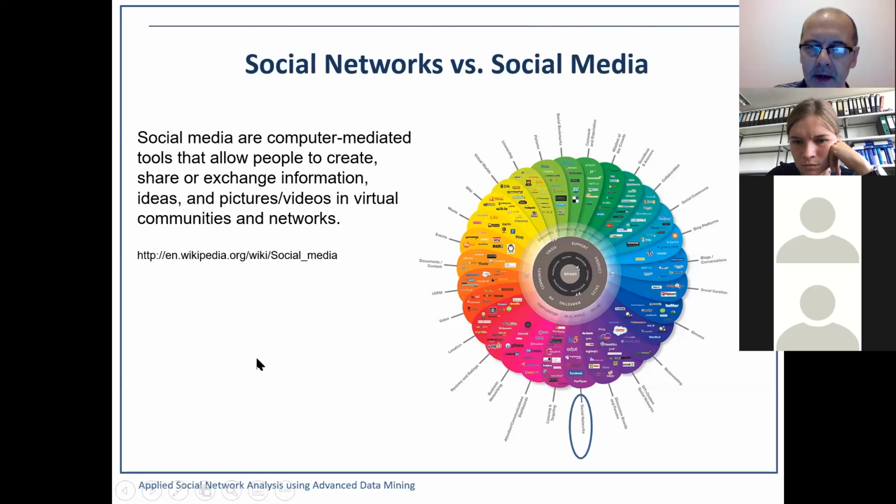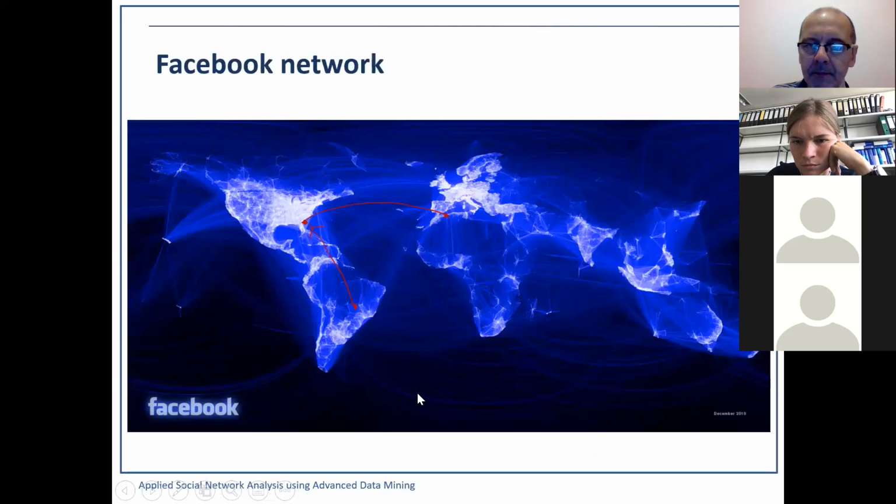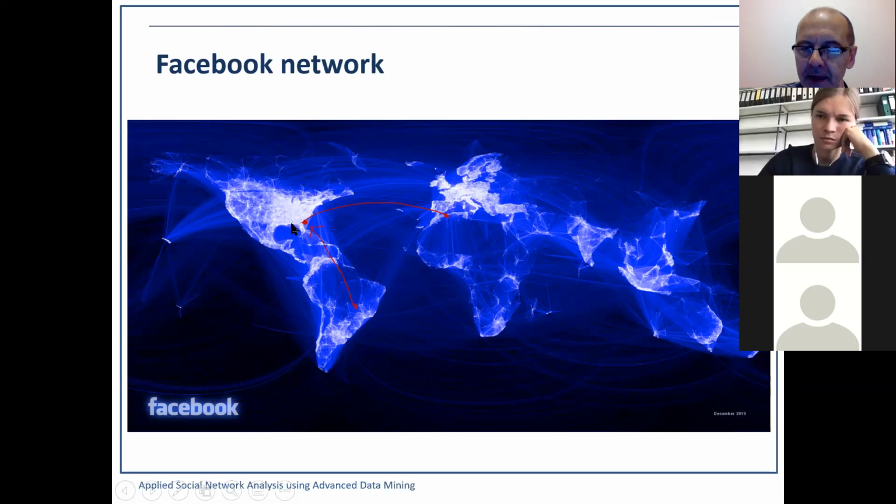Just to define the terminology, Facebook network: again, there are nodes which are Facebook users, and links are shown here by, let's say, this slide. And we can see where is the concentration of Facebook users. Those are kind of communities, so we can understand some communities where we have a high level of interaction.